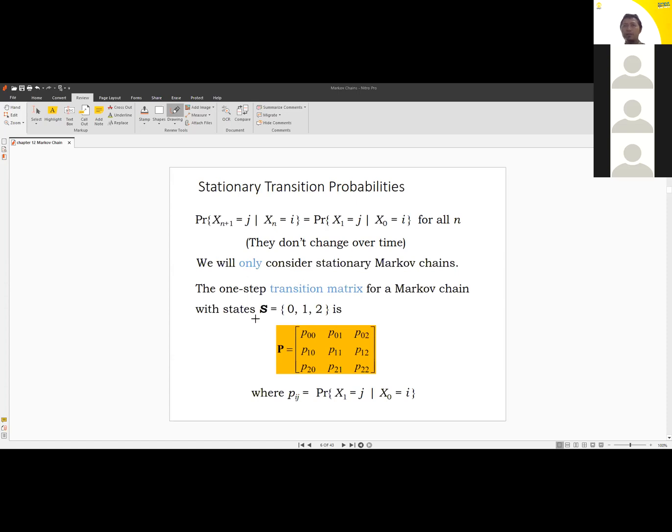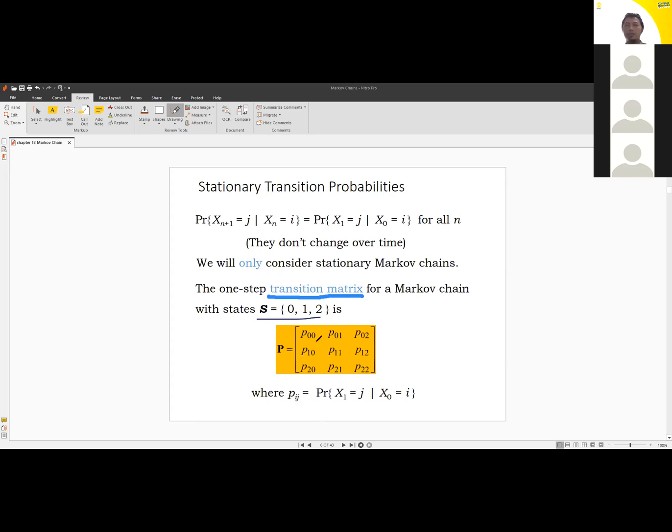Given the number of states, we can make a one-step transition matrix. The matrix consists of state transitions, and because the transitions are given in probabilities, every element is a probability representing the change from one state to another.